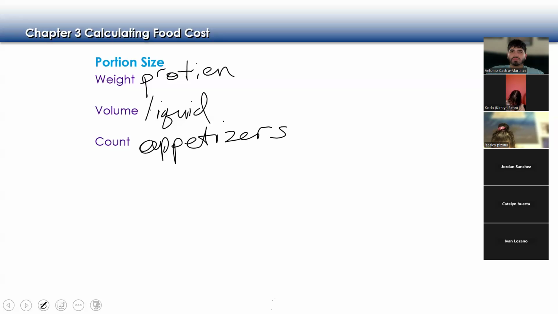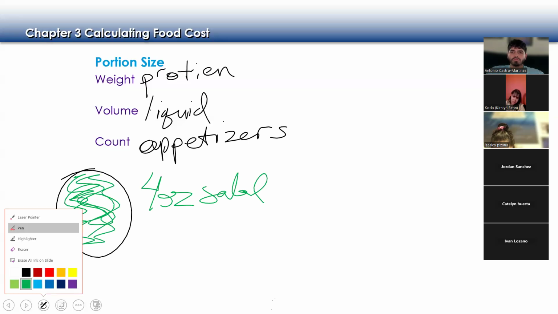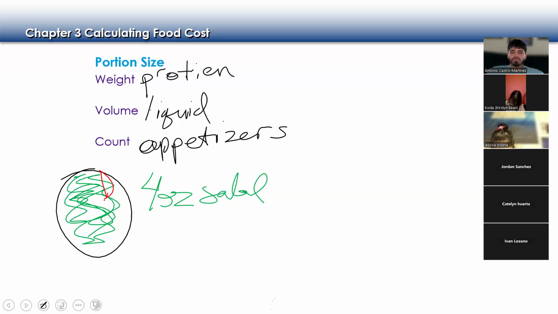So let me demonstrate a standardized recipe real quick. I have my plate here. Four ounces of salad. Three tomato wedges.